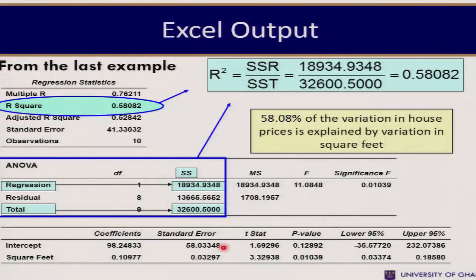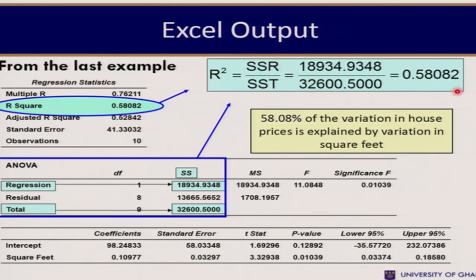So as you can see in this Excel generated output for our last example, we had multiple R. We had the R squared value, that is 0.58082, which was actually given as the sum of squares regression, that was given as 18934, also given in the output, divided by the sum of squares total, which is about 32,600.